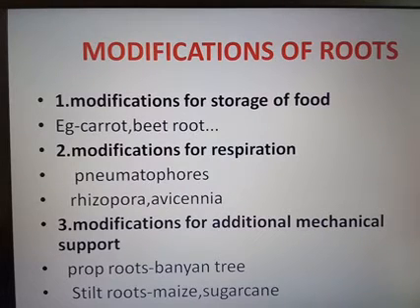The other name of pneumatophore roots is breathing roots. It is the taproot modification for respiration. It grows negatively geotropic, with pores, arising from the horizontal roots of plants living in swamp areas.